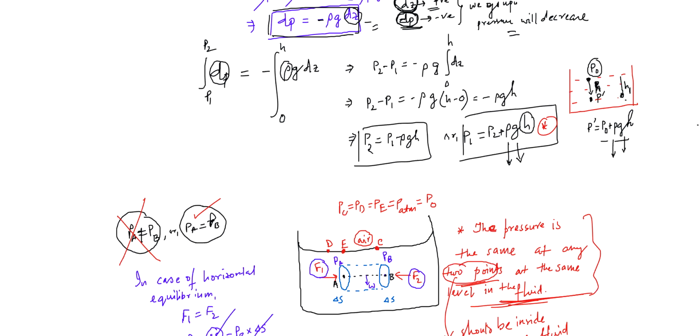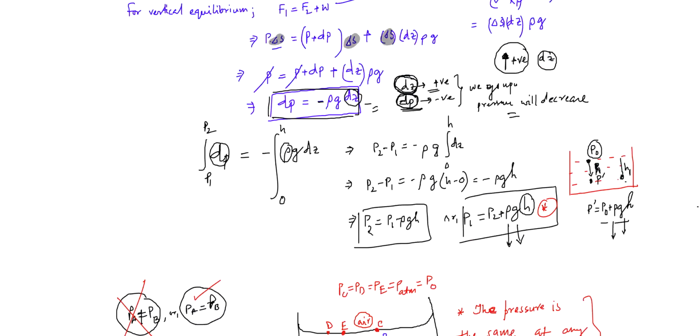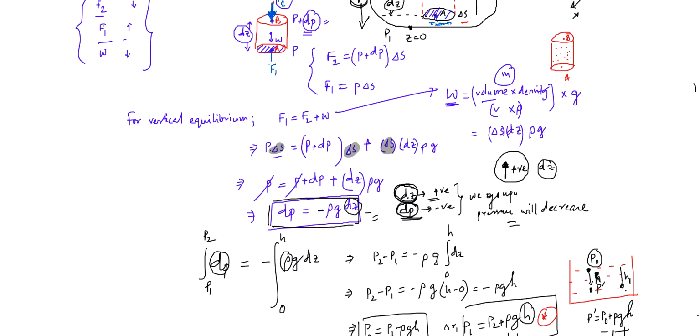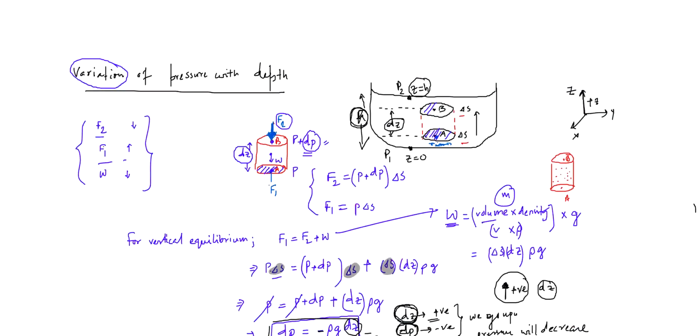So how do we consider that? We have taken the surface to be z equal to 0, and the bottom part to be z equal to H. If I consider the graph between P and Z, let us say this is P and this is Z. At Z equal to 0, the pressure is the highest one.